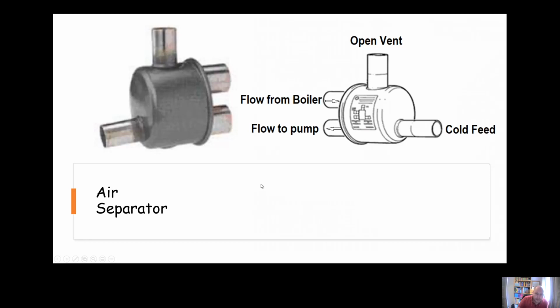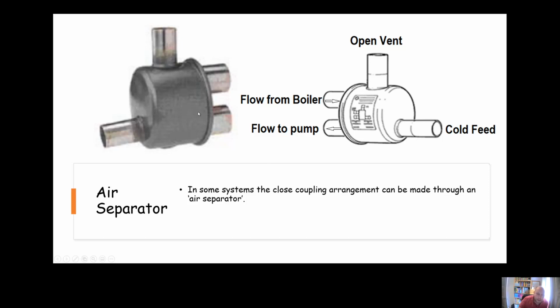An air separator is very beneficial because it's got connections built into it to allow the cold feed and vent pipe to be taken in and out of the system in one fitting rather than several. And it also has the added benefit that it can help assist the removal of air from the system.